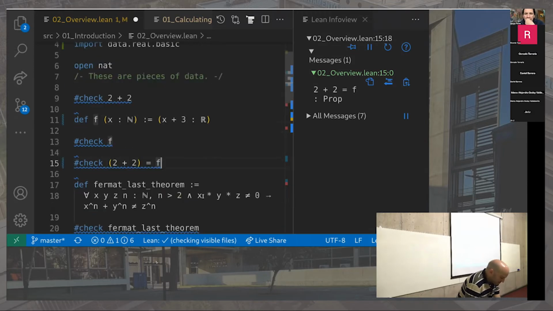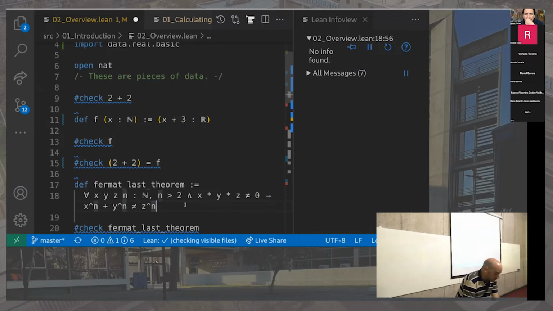Okay. So here is another example of a proposition. This is a pretty well-known theorem, Fermat's theorem, that maybe you have already heard about. We take 4 natural numbers, x, y, z, n.